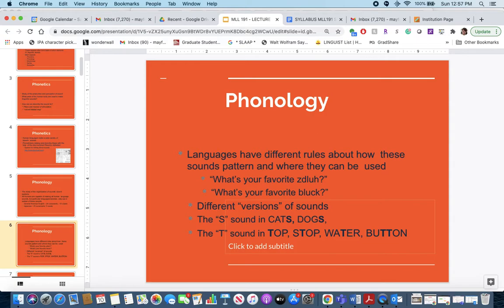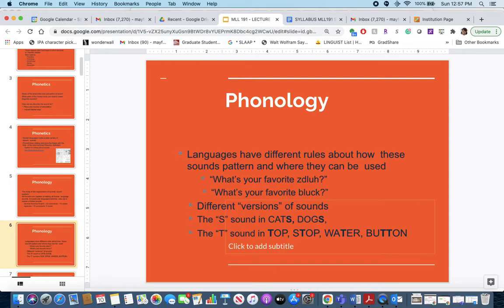The rule here is that if the plural marker is following the end of a voiceless consonant like a T, then it would end in S. Whereas if it follows a voiced consonant like a G, then it would have a Z sound, right?